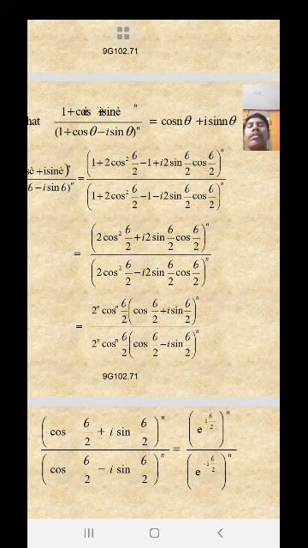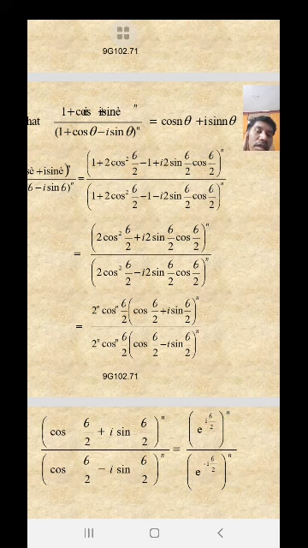Here in the numerator cos square is there, so one cos is taken common along with power, and 2 also along with power. That's why we write as common 2 power n into cos power n theta by 2, and in the bracket we are writing as it is, cos theta by 2 plus i sin theta by 2 whole power n.